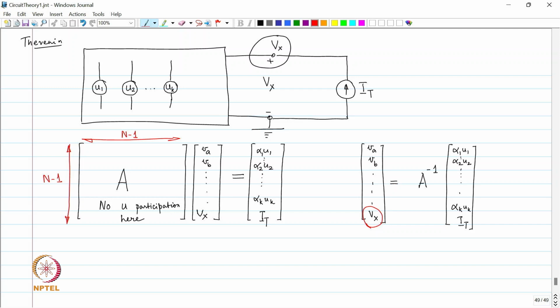So, we have N minus 1 rows, right. V A, V B, V x is one of those only. Okay. Let us not worry about the count.